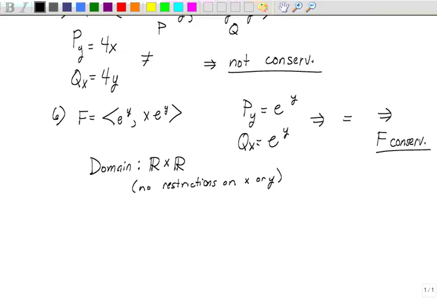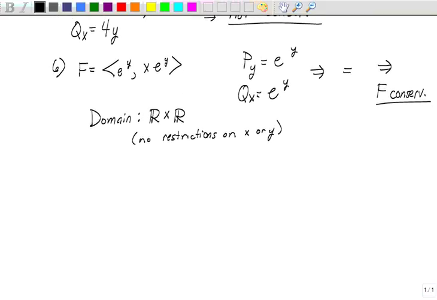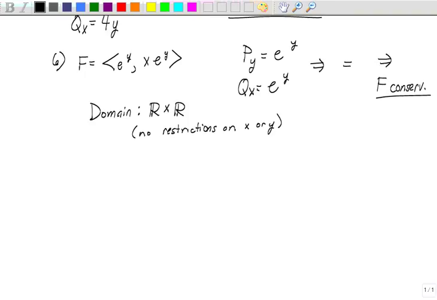Okay, now we have to find the function whose gradient is capital F. So we want del f to equal F. So the partial of f with respect to x should be the first component.